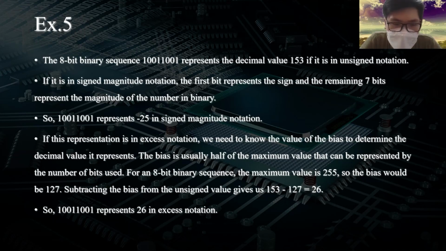Subtracting the bias from the unsigned value, 153 minus 127 equals 26. So 10011001 represents 26 in excess notation.